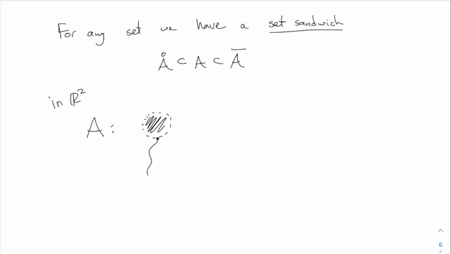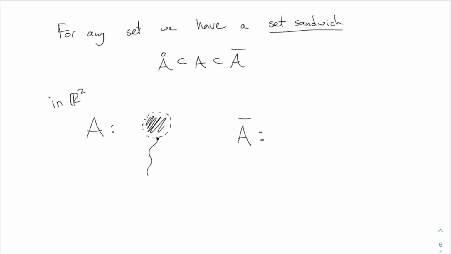Well, let's talk about the closure first. This will be a little bit bigger, or sometimes it's a lot bigger, but you sort of want to add in the points which were missing before. What do you think? The dotted points, we can add them in. Yeah, we should add in the dotted points. Why do you have to add the dotted points in?